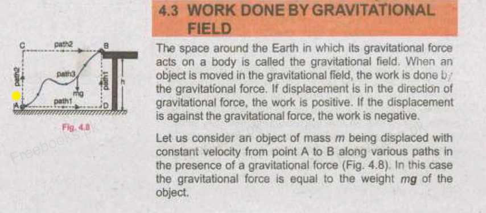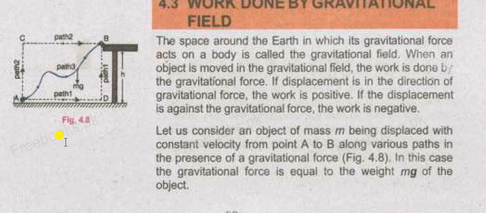So the force will be weight in this case, because we want to calculate the work done by gravitational field. So there should be the gravitational force, and the gravitational force is equal to the weight, and weight is mg, W is equal to mg, and it is always downward. The direction of the gravitational force by Earth is downward.